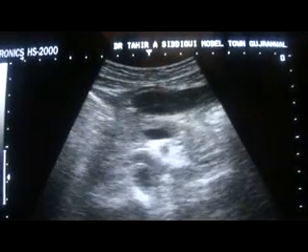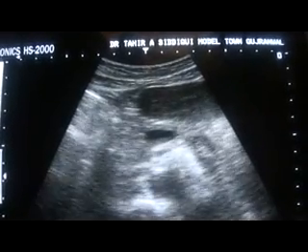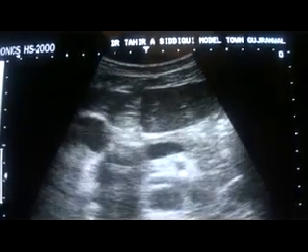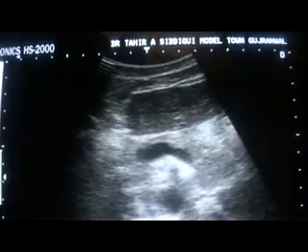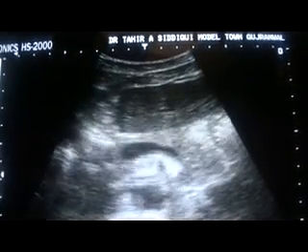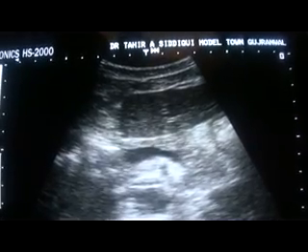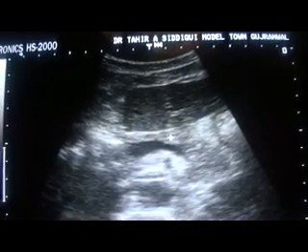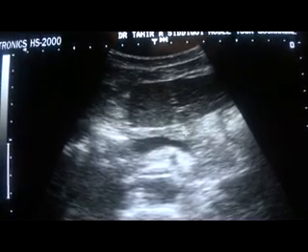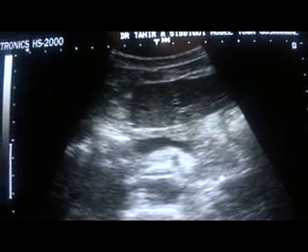This is the head of the pancreas, this is body of the pancreas, and if you concentrate on this tiny vessel, this is the splenic vein, this is the superior mesenteric artery with echogenic borders, this is the left renal vein entering the IVC, this is the aorta.